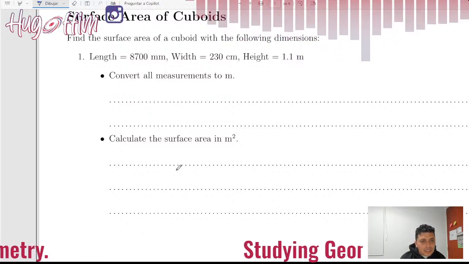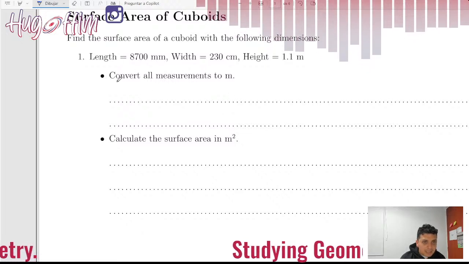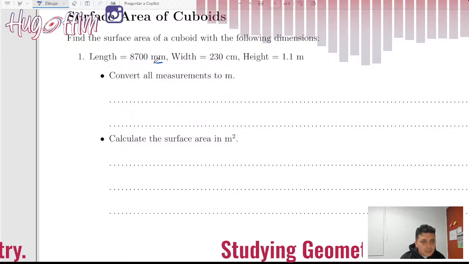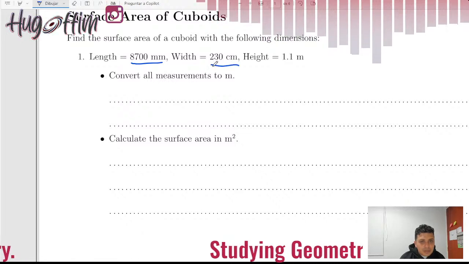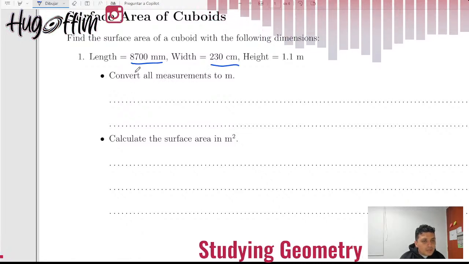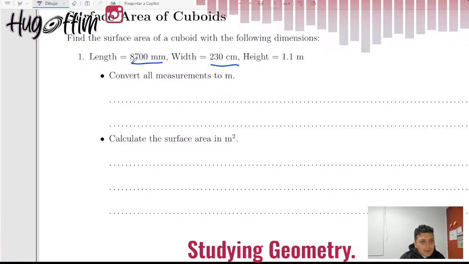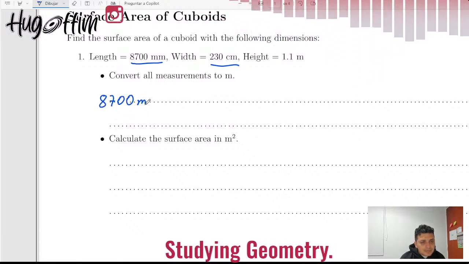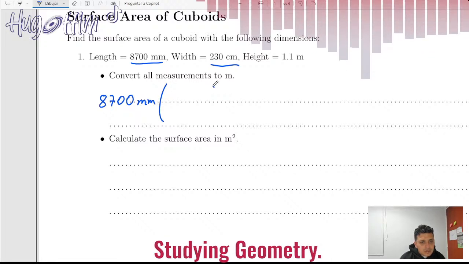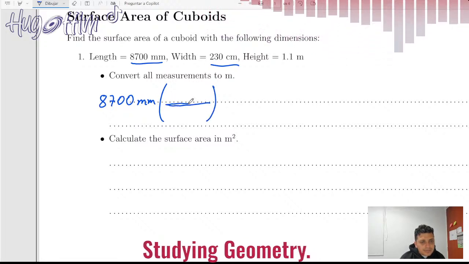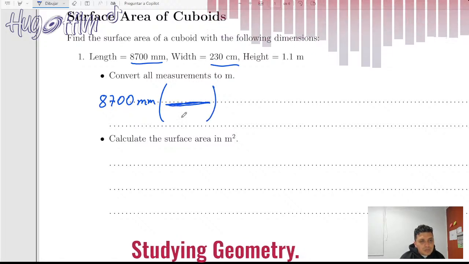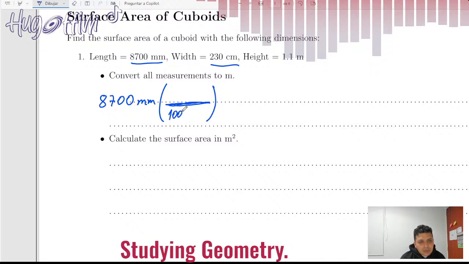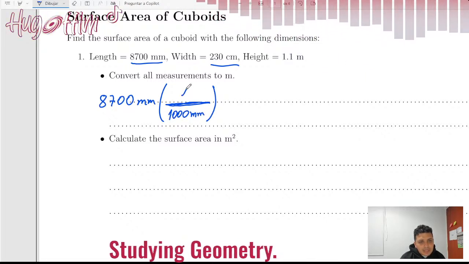Now we're going to see how to convert all measurements to meters. I'm going to use the conversion factor. I need to convert 8,700 millimeters into meters. I know that 1,000 millimeters is 1 meter.